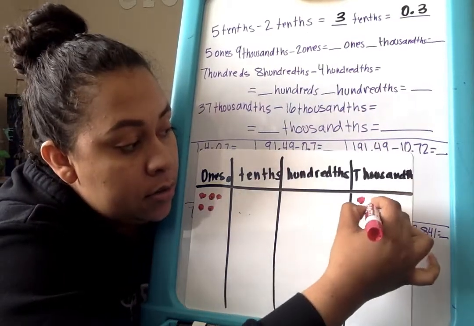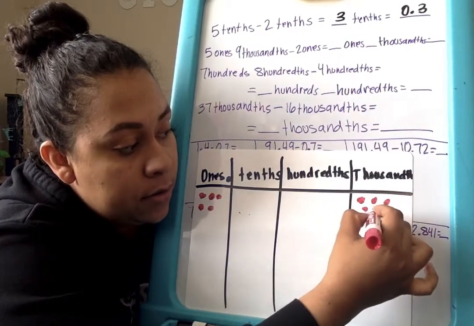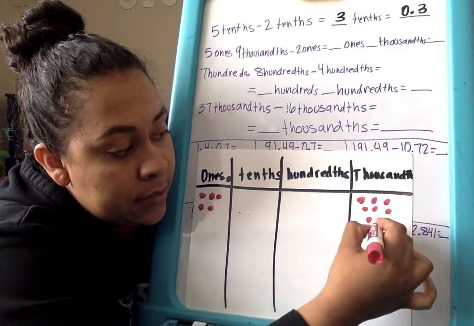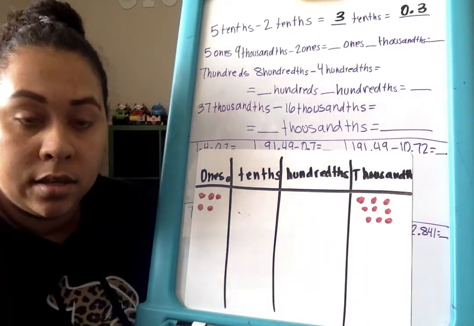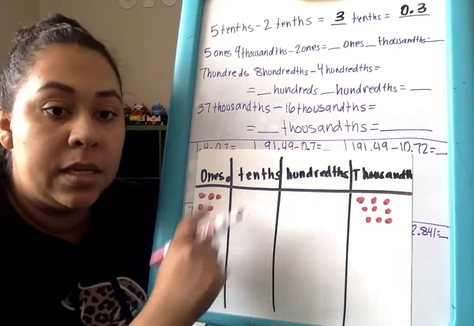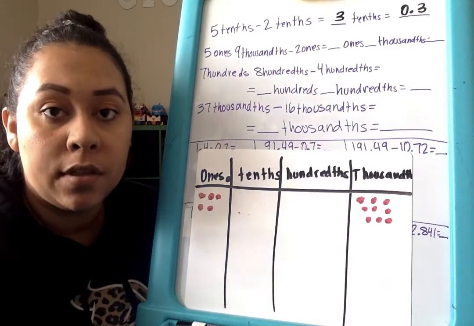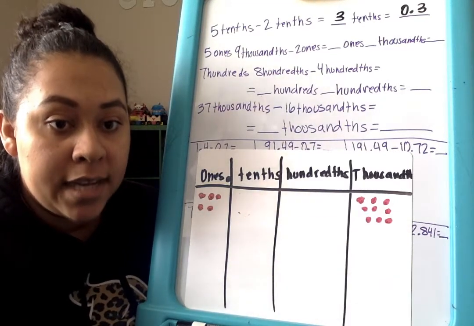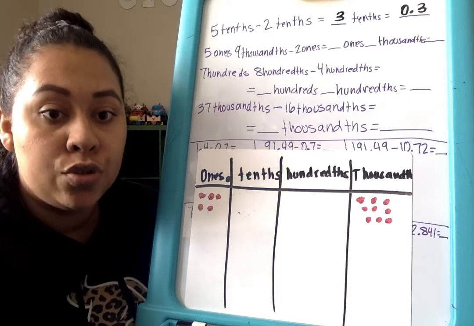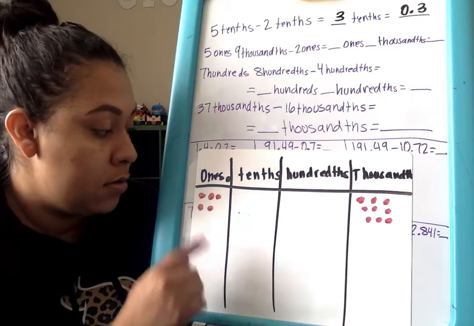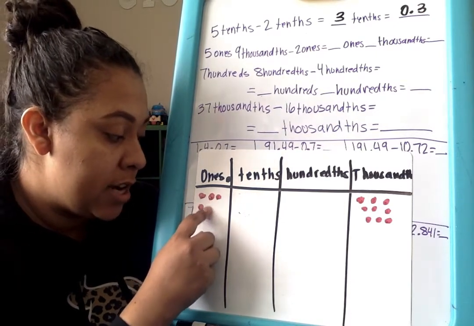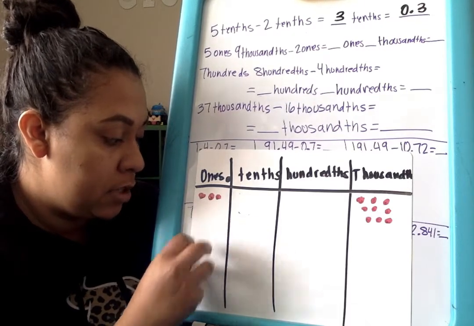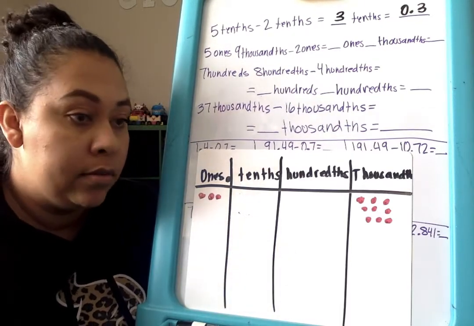So 1, 2, 3, 4, 5, 6, 7, 8, 9. So now I'm showing 5 ones, 9 thousandths, what it's starting with on problem B, minus subtract 2 ones. So I'm just going to erase or drag out 2 of the discs, 1, 2.